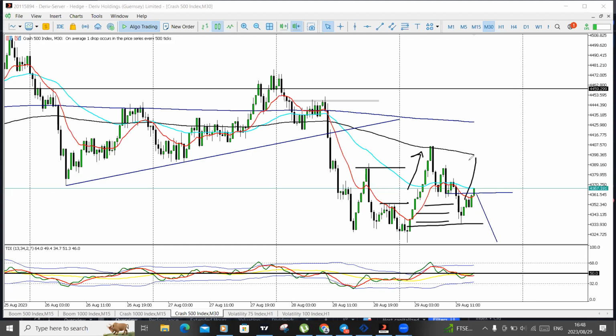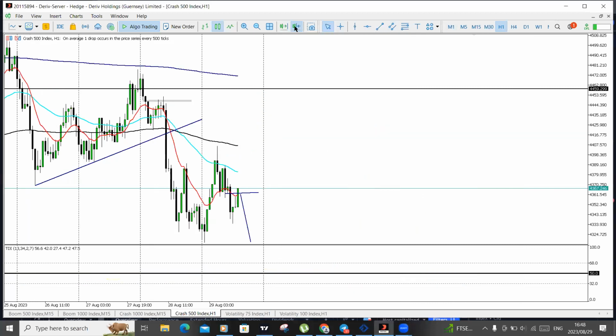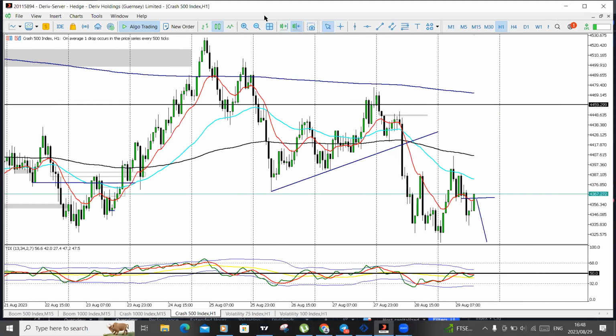That's a possible move as well. But for now, I'm leaning on sales based on this ID50 here coming off this peak.